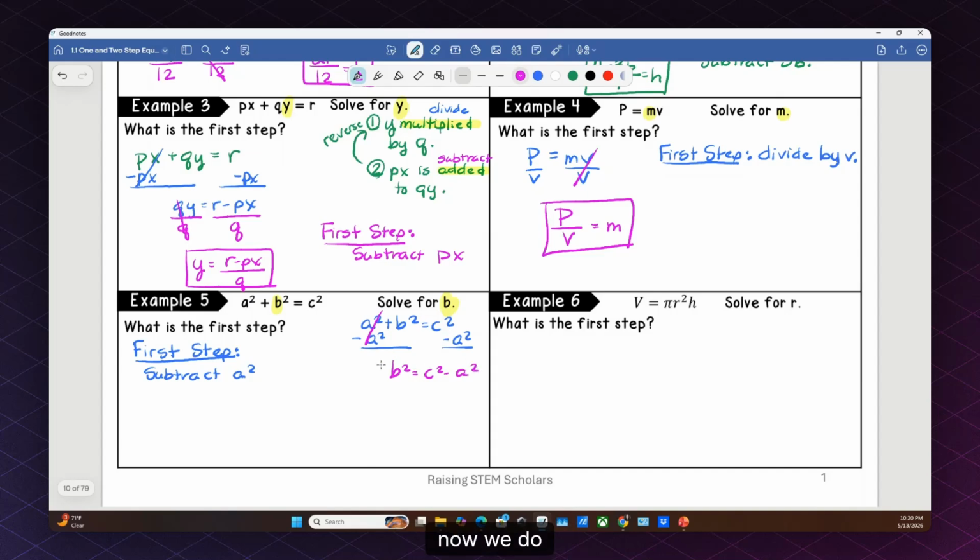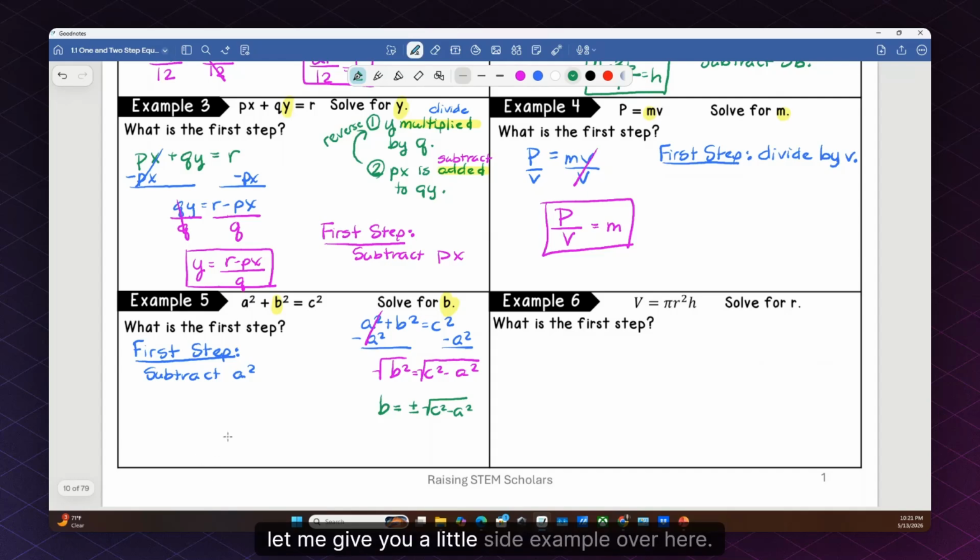Okay, now we do have a square on that b, so we've got to undo that. So the inverse of that is going to be to take the square root, and we're going to take the square root of both sides. Now, technically, when you do this, you get b equals plus or minus the square root of c squared minus a squared. Okay, why is it plus or minus?